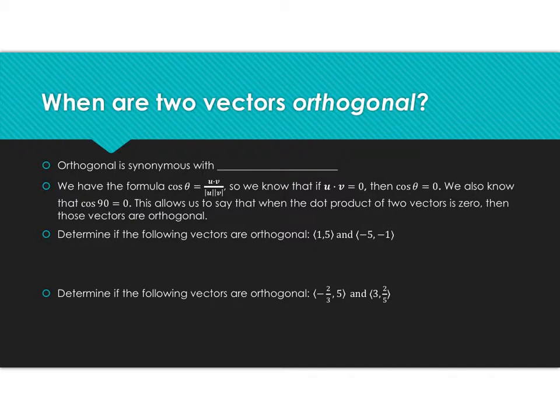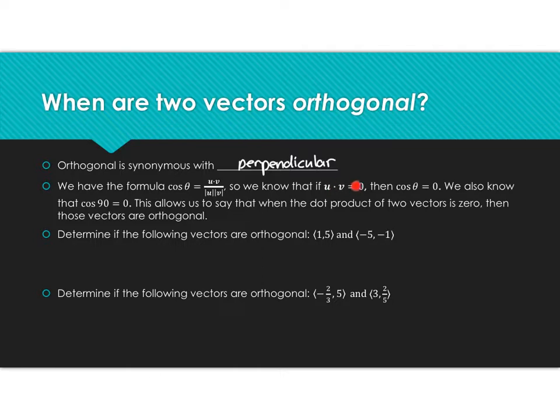So using that idea, when are two vectors orthogonal? Orthogonal is just synonymous with perpendicular, right? So we have this formula for finding the angle between two vectors. We know that cosine theta will equal 0 if this numerator is 0, right? 0 divided by anything is 0.